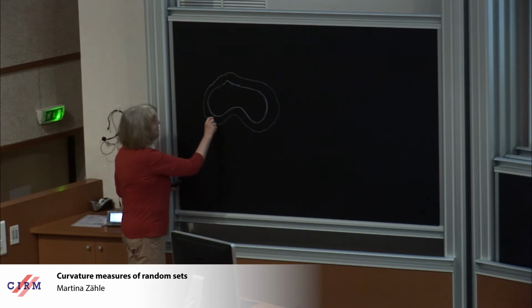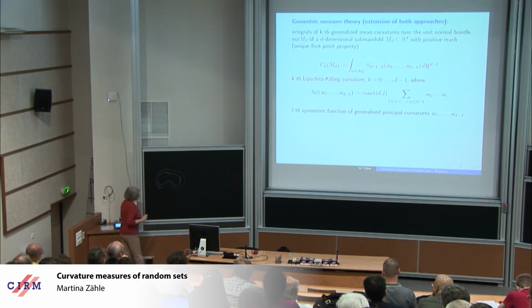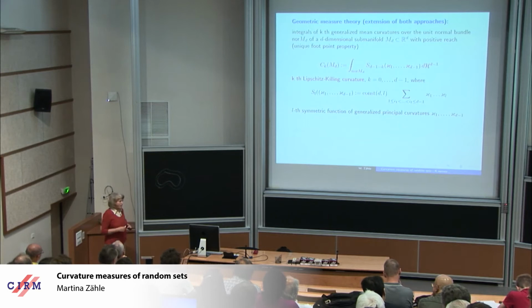To each point in this neighborhood, there exists a unique nearest point in the given set, whose distance is the smallest one, and this projection point should be unique. The reach means the largest epsilon which guarantees such a unique projection property. This is the reach of a set.